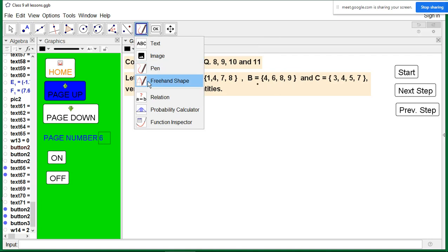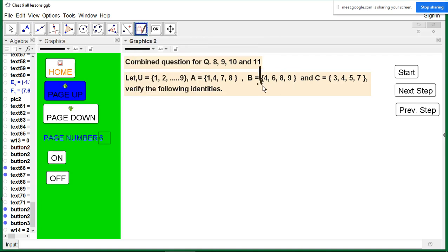So next step, we need to verify A intersection (B union C) equals (A intersection B) union (A intersection C). Other similar relations are given in 8 to 11. I will show how to solve this, because here a Venn diagram is not given, only word problems or questions given in the listing method.